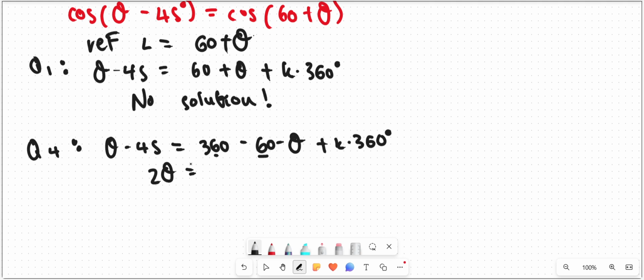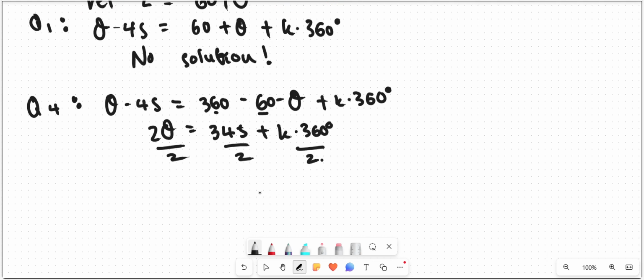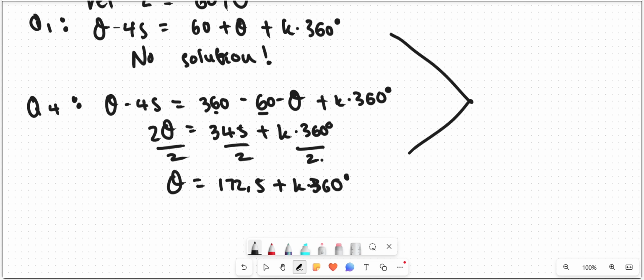This minus that is a 360, plus that guy will be a 345 plus K360. And if you divide by 2, 2, and 2, theta is 172.5 plus K360. And there we go. So these, both where K is an element of integers.